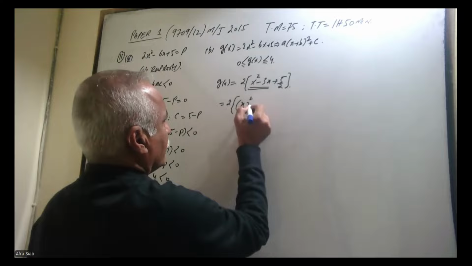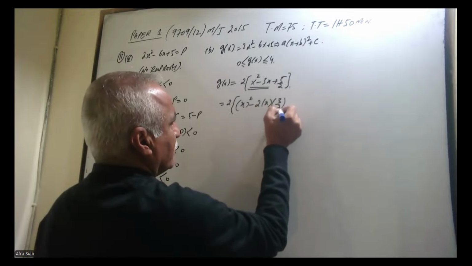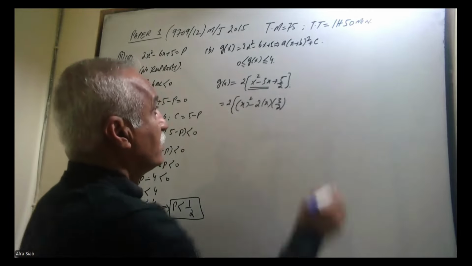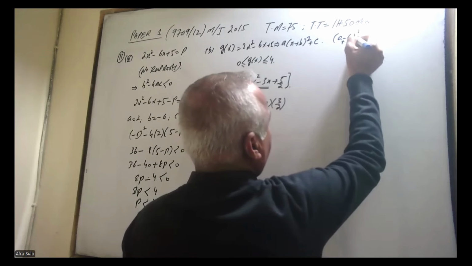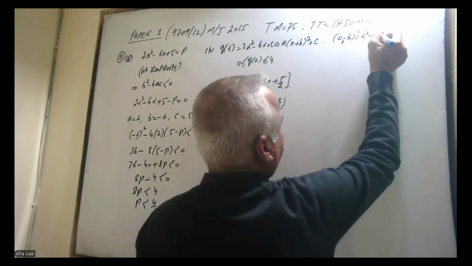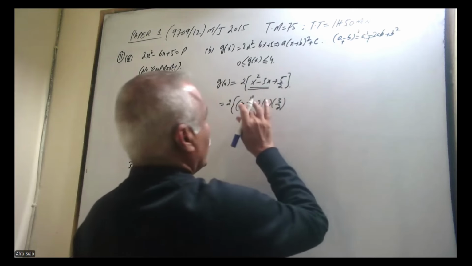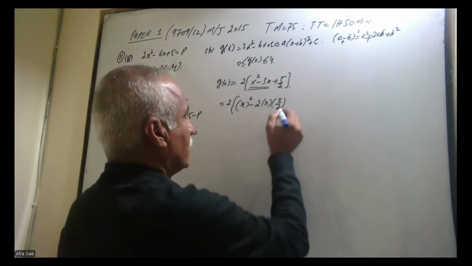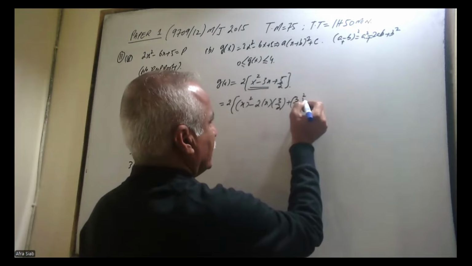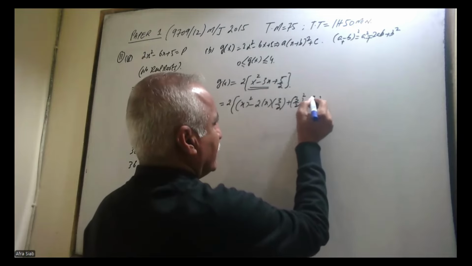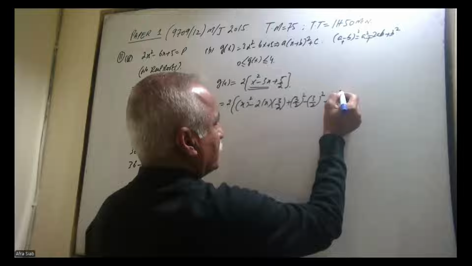So it is x square minus 2 into b, so b is 3 over 2, because we know that a minus b whole square is equal to a square minus 2ab plus b square. So we are going to use the minus formula there. Plus 3 over 2 whole square, because that is the value of b. So it is added and subtracted at the same time, plus 5 over 2.